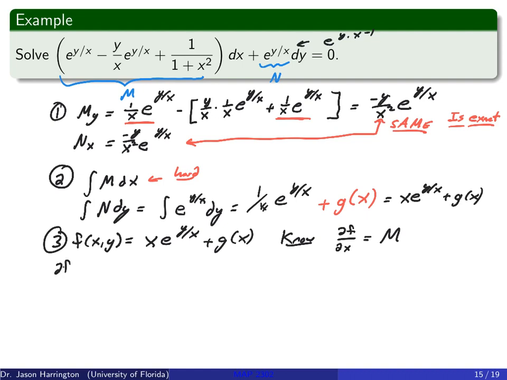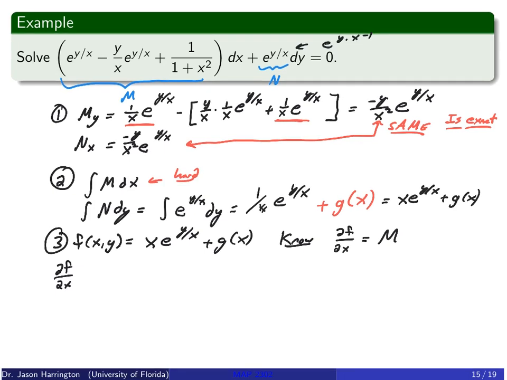So the partial of f with respect to x, again, this is going to be a product rule and then g prime. So I end up having, this is equal to e to the y over x minus y over x e to the y over x plus the derivative of g, which is just g prime of x.